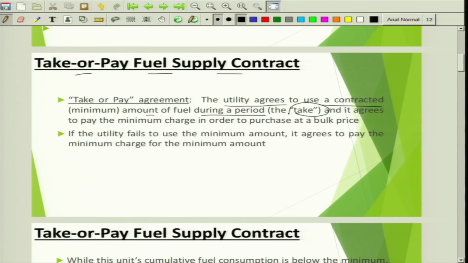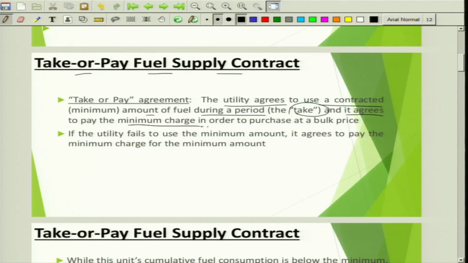So they would have an agreement among themselves that this is the bare minimum amount of fuel that I am going to purchase from you for this duration, that you have to abide with that rule. And he also agrees to pay the minimum charge in order to purchase at a bulk price. That means this much amount of fuel I will purchase at this much minimum price. So then there is an agreement, that is take or pay agreement.